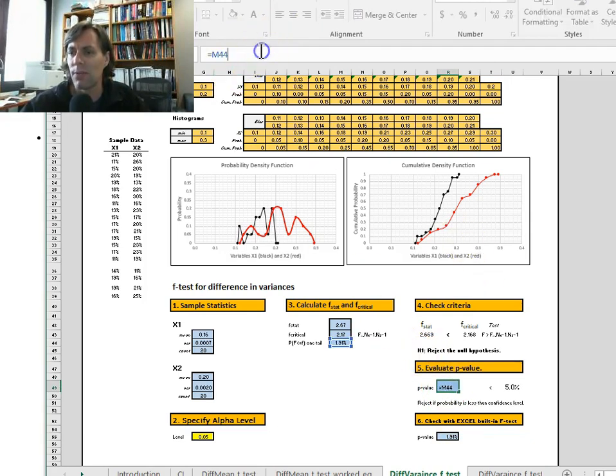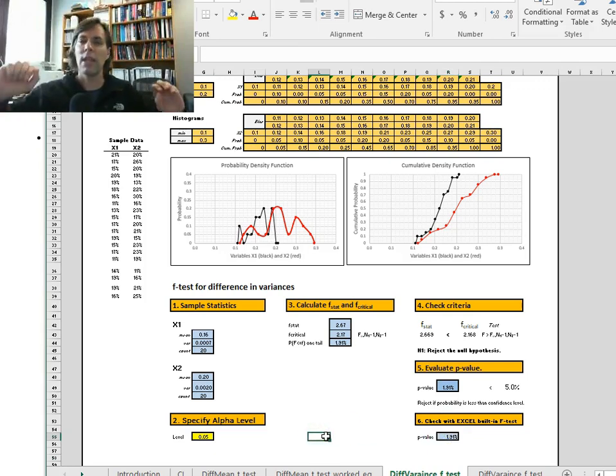And that can be pretty useful. That comes from right here, where what we did is we just said, look up from the F distribution, right-tailed, the specific value we got for an F statistic with the right degrees of freedom, and that gives us the p-value, the cumulative probability of that outcome, and it's 1.9%.